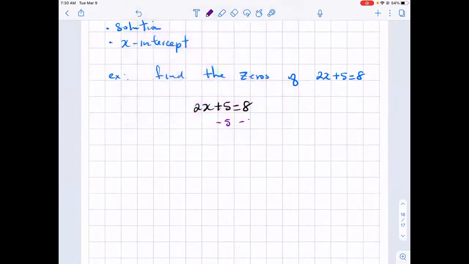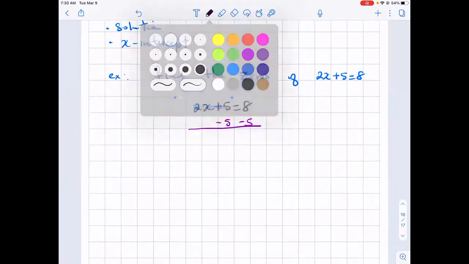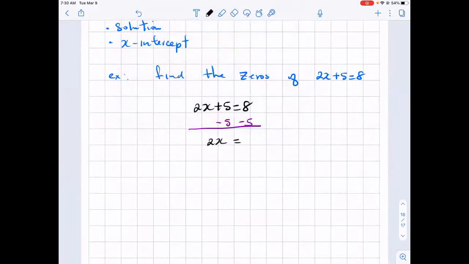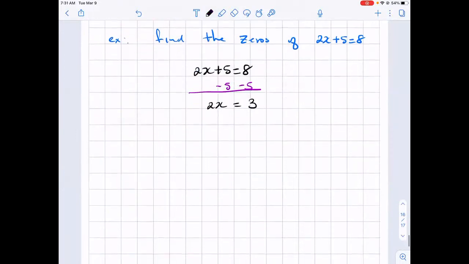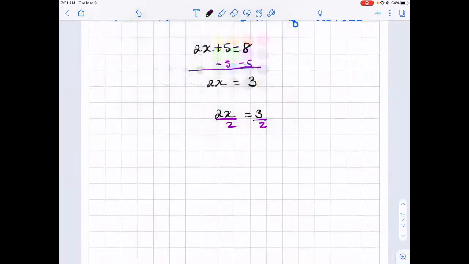We'll minus 5 on both sides. We have 2x now is equal to 3. And then we divide both sides by 2. We have x is equal to 3/2.